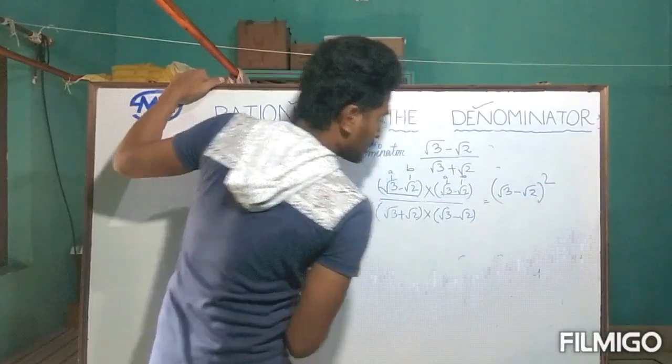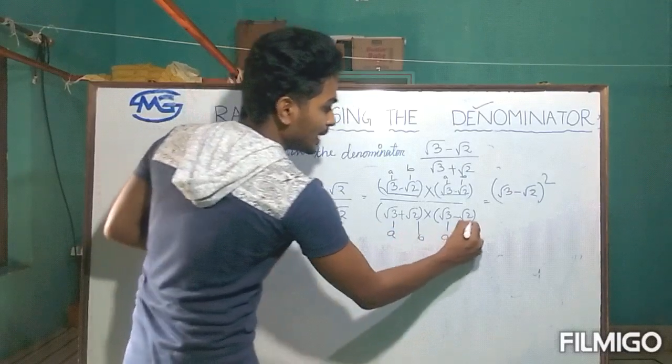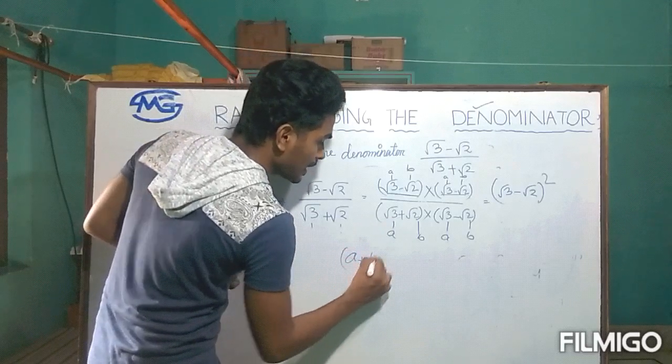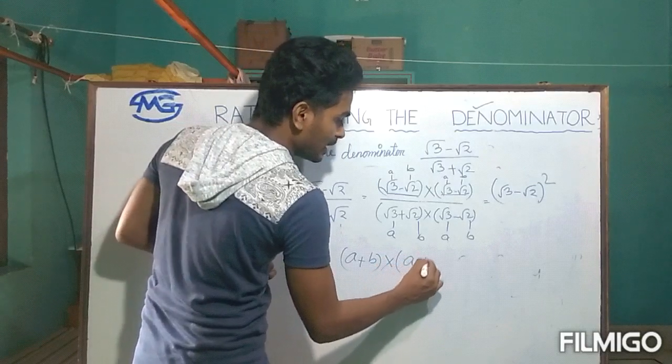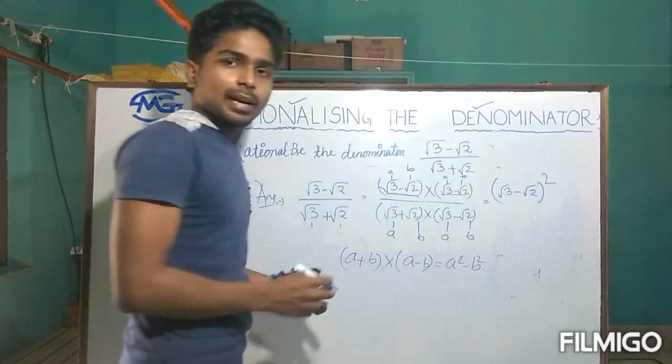Then in the denominator, suppose this is A, and this is B. It will form the formula (A plus B) into (A minus B), which is equal to A square minus B square.